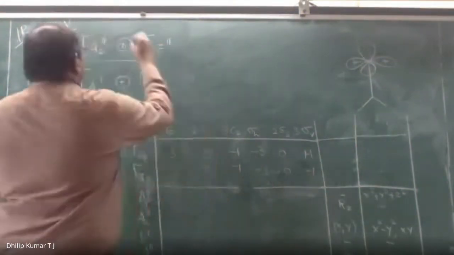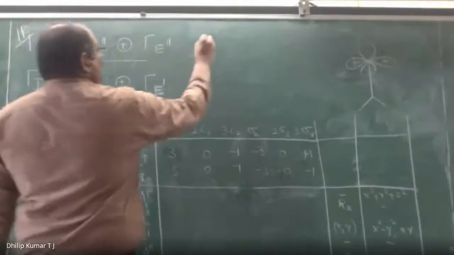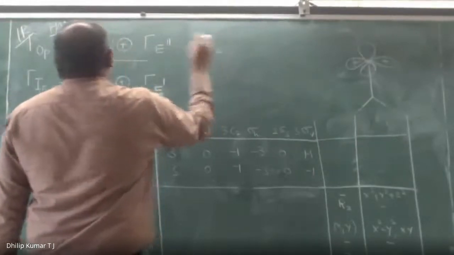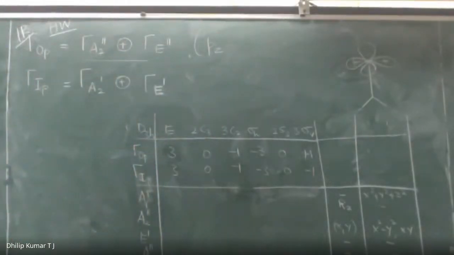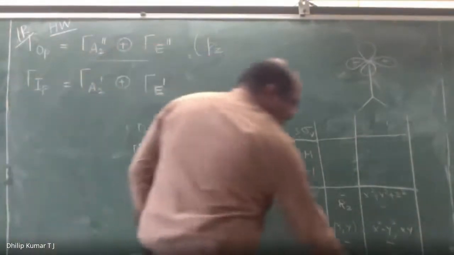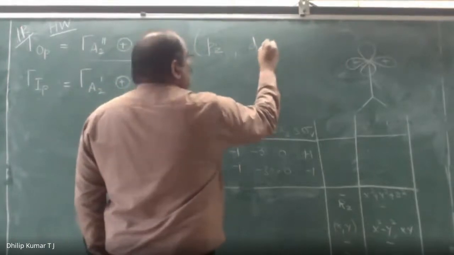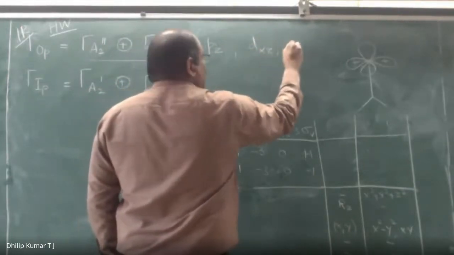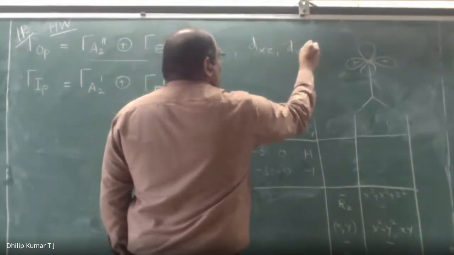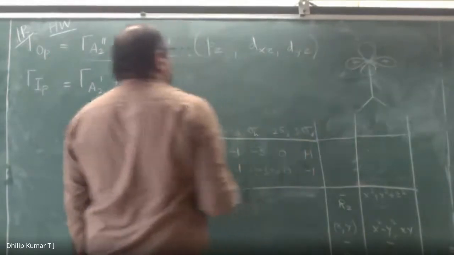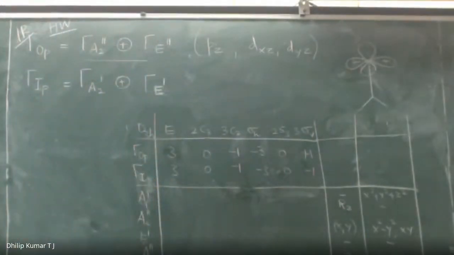So this corresponds to the PZ orbital. Okay, so out of plane is PZ orbital, and E double prime is the last one. So the last one is these are D orbitals. So D XZ, and then D YZ. So this corresponds to PZ orbitals and DXZ and YZ orbitals.